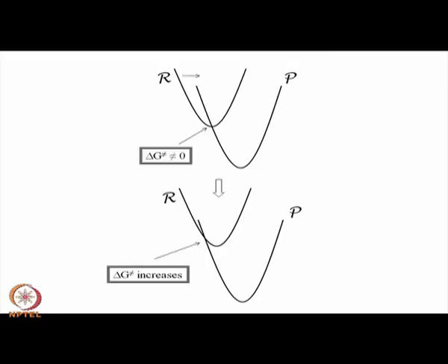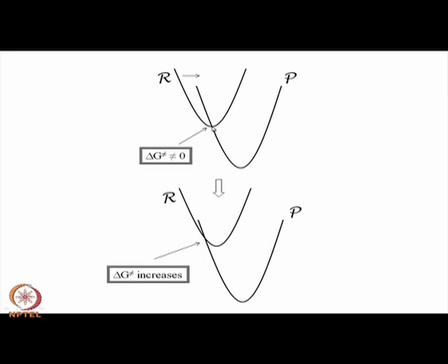Okay. So, you see that here again, let us look into this figure, that this delta G 0 is not exactly 0, although it may appear to you that maybe it is still at the lowest point.